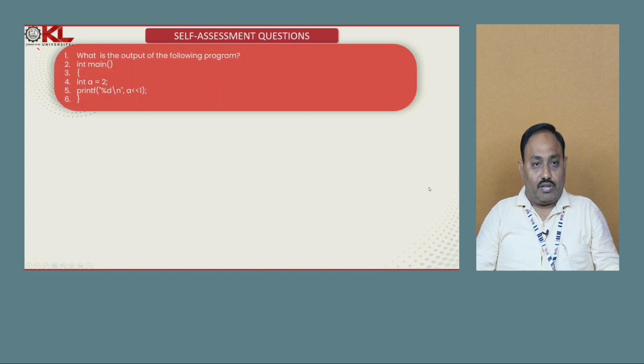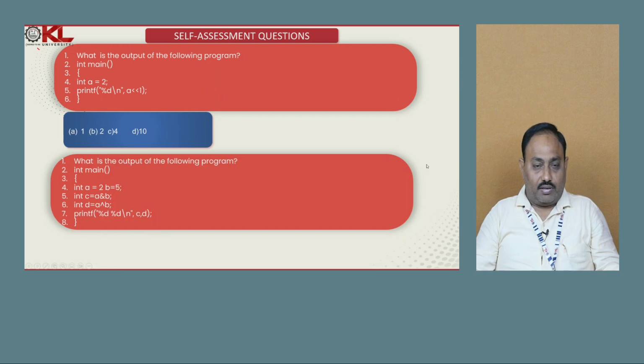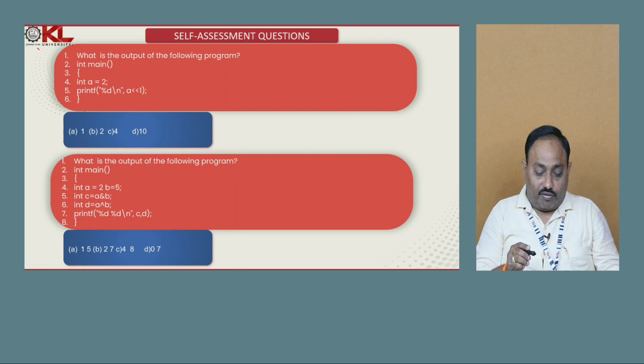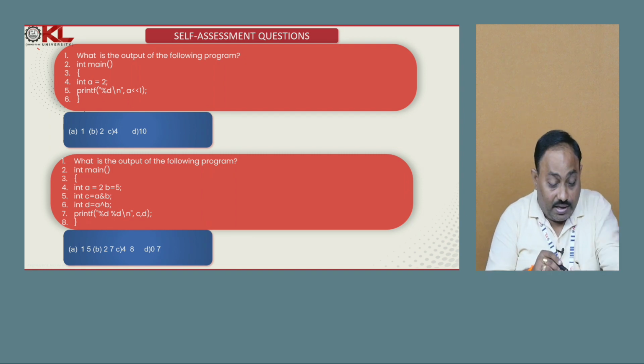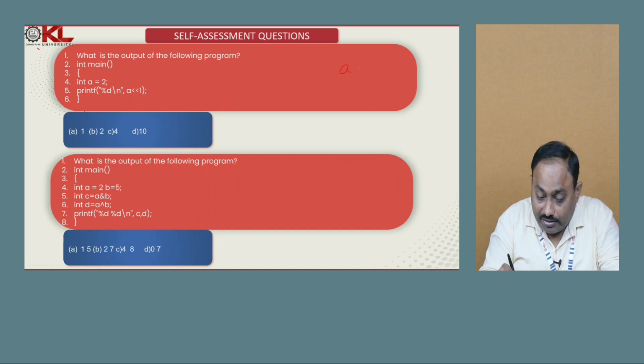Next here we have some self-assessment questions. By doing this assessment we can understand whether we understand this concept or not. So first let us check what is the output of the program. Here you see students, int a equal to 2 and I want to perform a left shift 1. Here what is the a value? Here a value equal to 2.